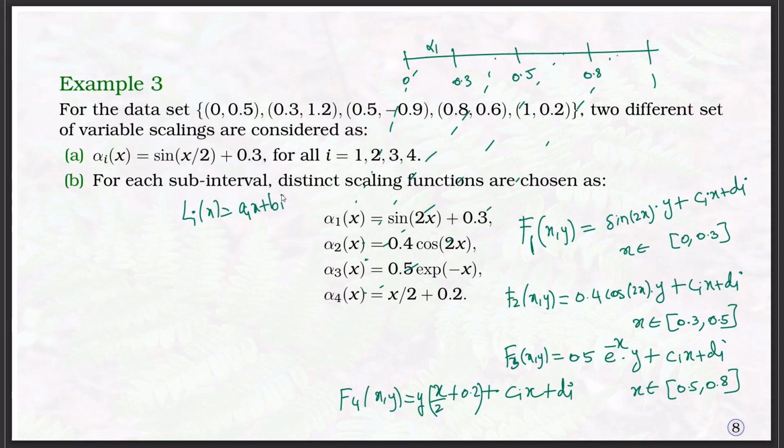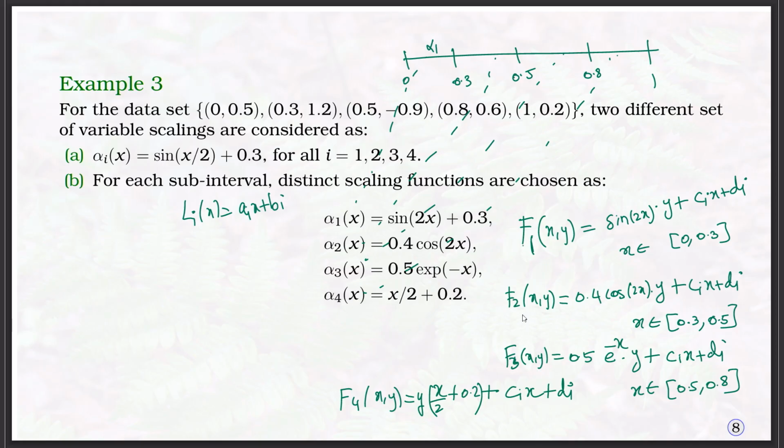Keep in mind whenever you are applying the vertical scaling factor, it applies in the vertical direction, not on the horizontal direction. Therefore, it does not create any effect on the horizontal directions. This f1, f2, f3, f4 are all the functions related with these 4 vertical scaling factors.